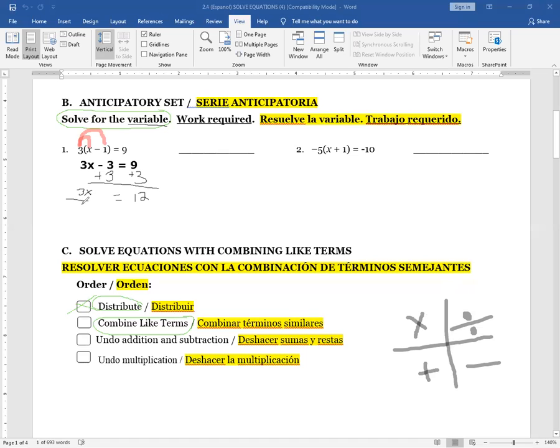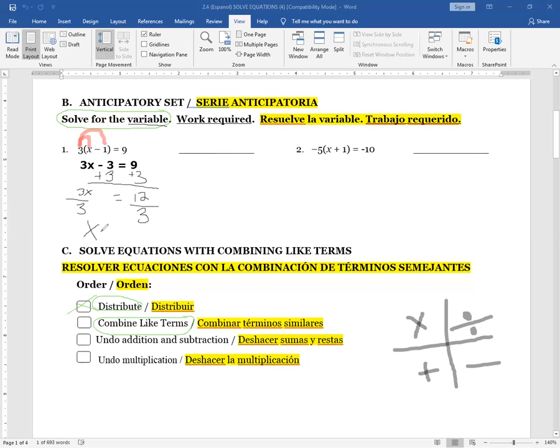Good. So we're going to divide by 3 on what sides? Both sides. So what's 3 divided by 3? In your calculator, it'll tell you it's 1. So we have 1x, but we can just simply say x. We don't need to say the 1.